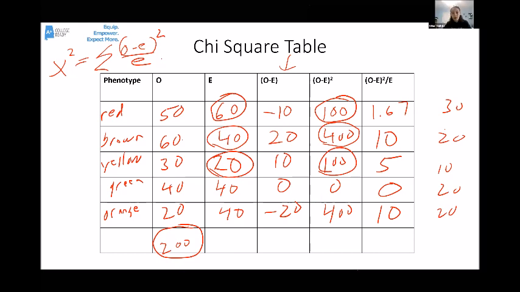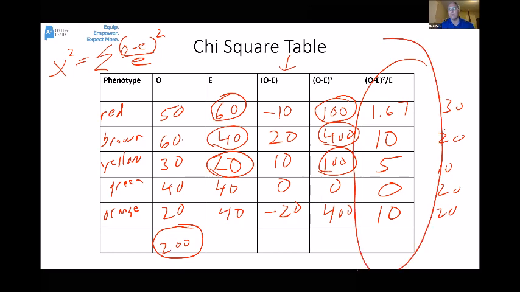It's just saying take this last column and add them up, right? Add up everything in the last column. So when you do that, let's say we got 10 plus 10, 20, plus 5, plus 1.67, you get a chi-square value of 26.67.